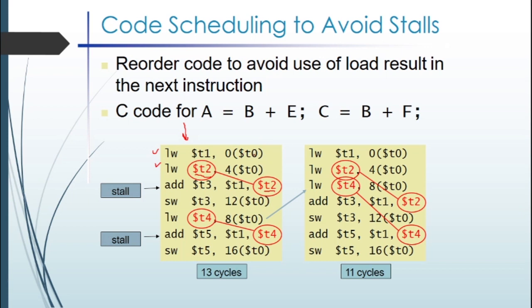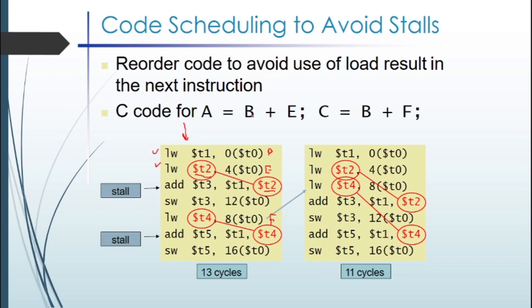First there is a load word that loads B. The second is loading E. So B is loaded in T1, E is loaded in T2. Similarly, later on T4 is the next one, F, which is loaded in the next instruction, and so on.